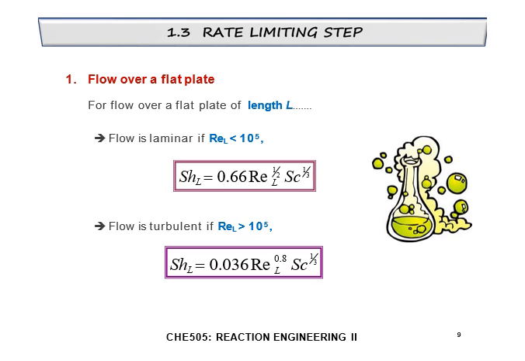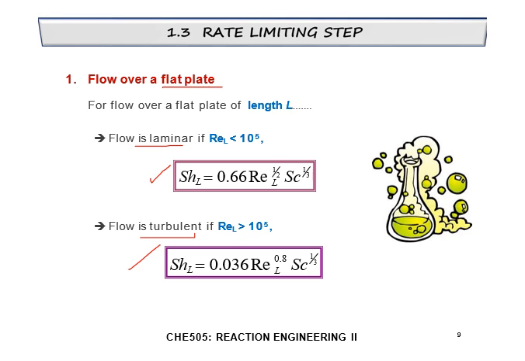Okay, now you still need to recall how to find the Sherwood number over a flat plate. So you need to recall this theory. You also need to find the Reynolds number. If the flow is laminar, the Reynolds number is less than 10 to the power of 5, and if the flow going over the flat plate is turbulent, the Reynolds number is more than 10 to the power of 5.